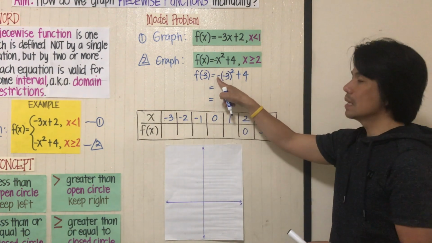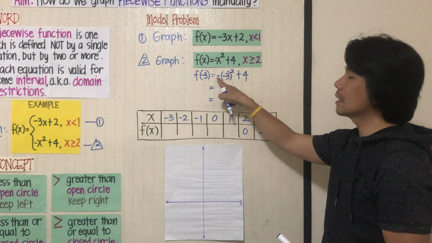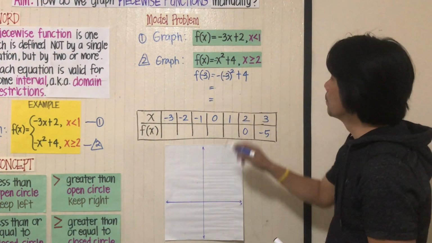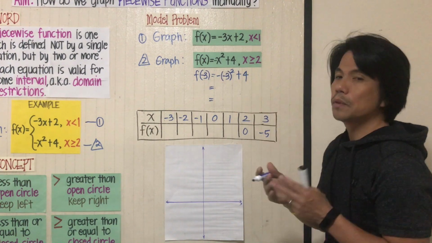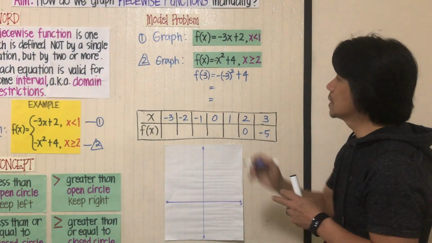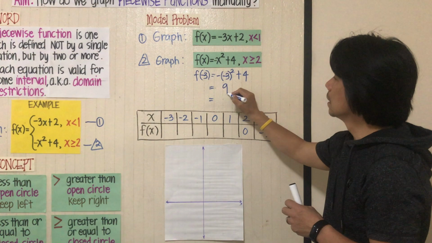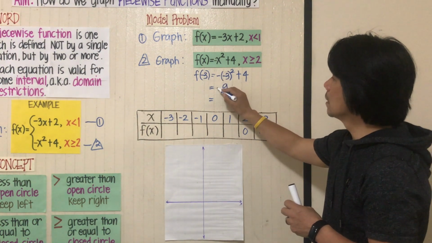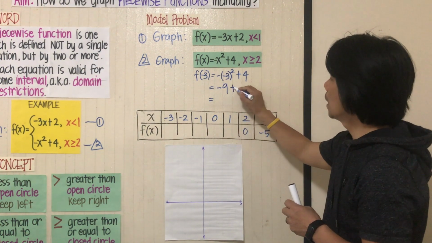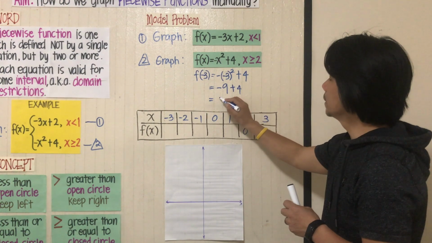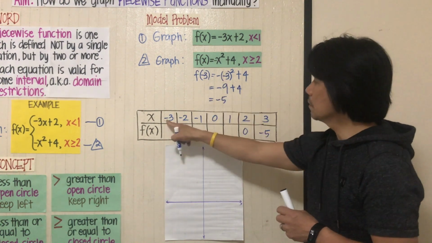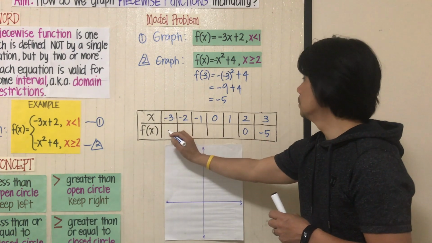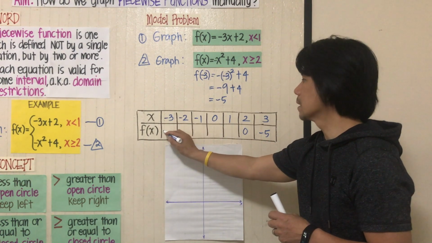Take note, again, we need to keep the negative outside the parentheses. Now, -3 to the second power, or -3 times -3, is still +9. Again, there's a negative in front. Put the negative there, plus 4, and you're going to get -5. So if x is -3, the f of x is -5.